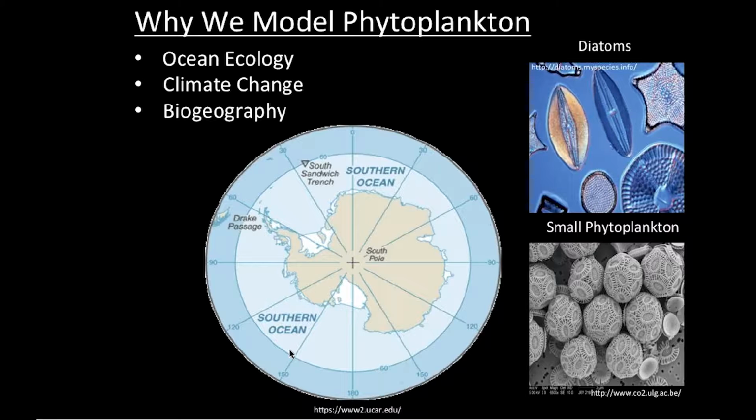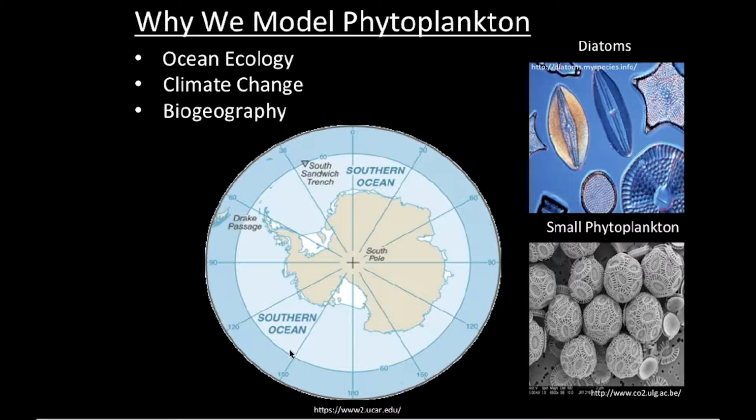Different groups of phytoplankton occur in different areas of the world, and that's referred to as phytoplankton biogeography. For this project, we focused on two main groups of phytoplankton. The first is diatoms, which are larger phytoplankton that prefer subpolar, colder waters with a lot of nutrients.